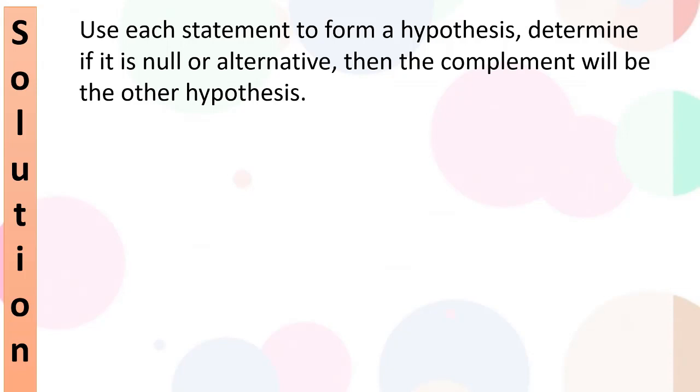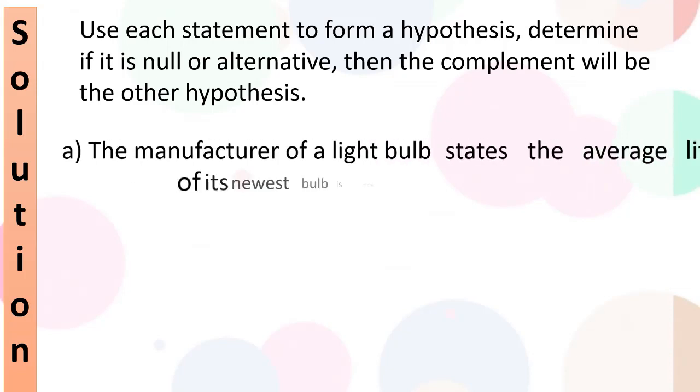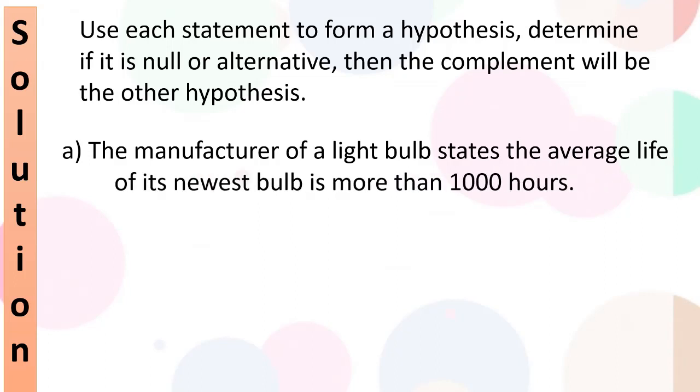hypothesis would be. So for the first claim, that the manufacturer of a light bulb states the average life of its newest bulb is more than 1,000 hours, we want to think about what's being said here. We can strip away a lot of what's there, and it says the average is more than 1,000.